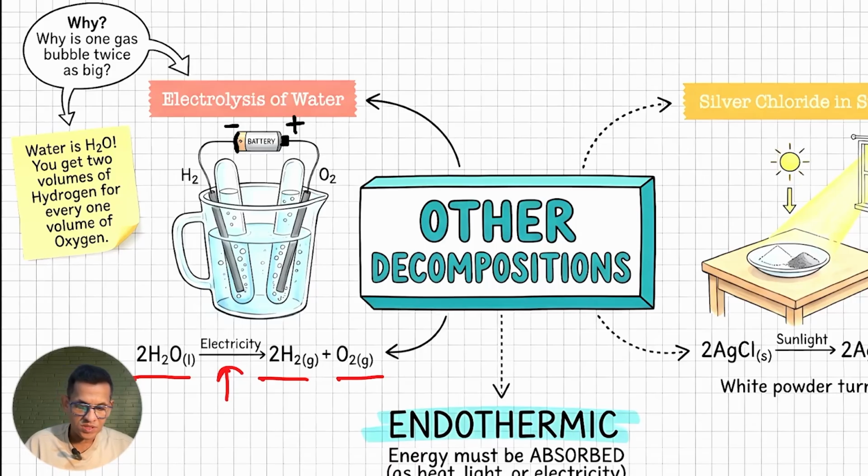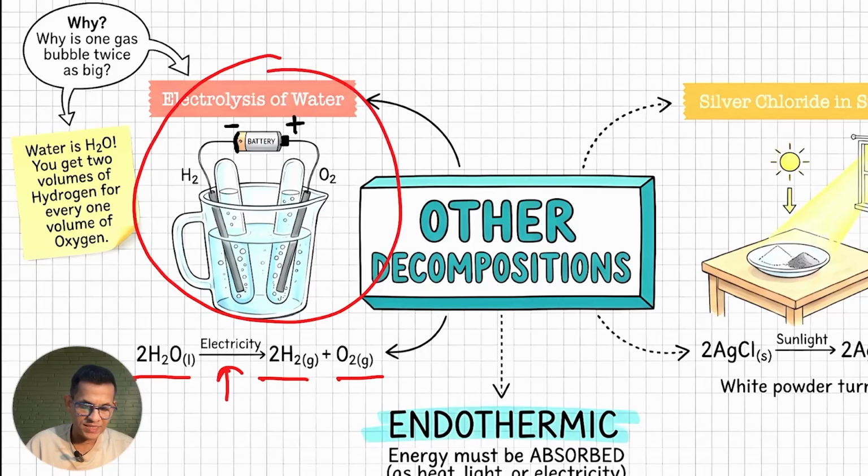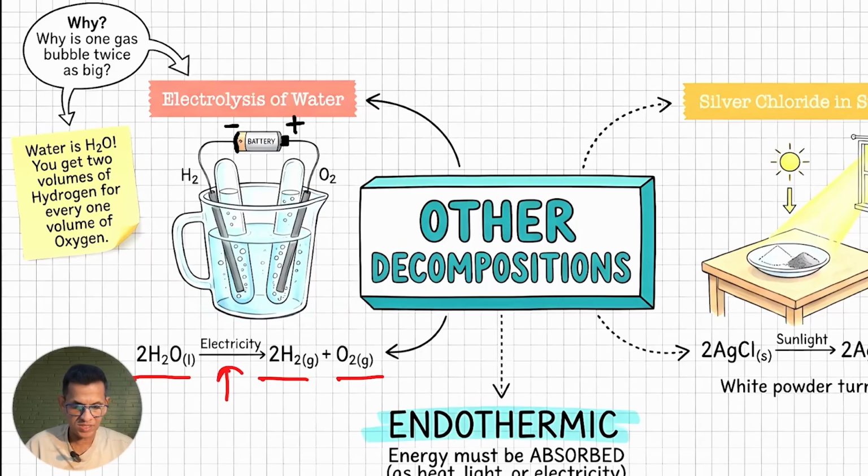So here I have shown an electrolytic setup, as you can see in the slide. So what we can do is we can take a beaker and put two electrodes, metal rods, which are then covered with inverted test tubes. As you can see here, there are two test tubes, and both these electrodes are connected to the battery.